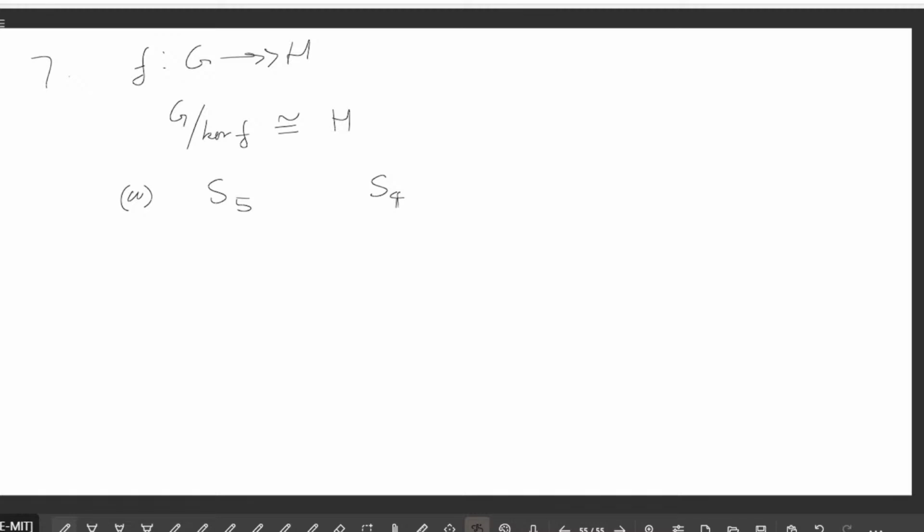Can you think of any normal subgroup of S5 such that when you quotient by it, you get S4? What is the order of S4? 24. Whatever the order of S5, you know that the possible quotients of S5 are trivial, Z2, and S5 itself. Obviously, this cannot be S4, right? So no.